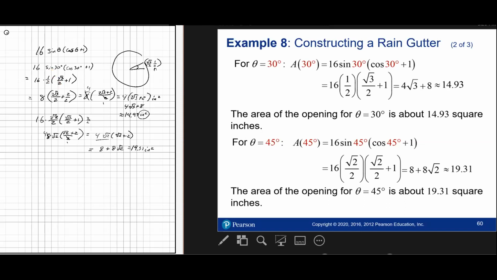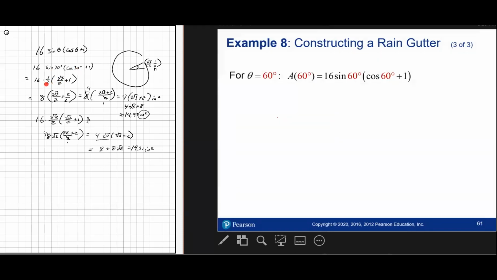And instead of using square root of 3 over 2 for cosine of 60, it's going to be 1/2. So it's going to look very similar to this, but these two numbers are going to be reversed. Okay. And so we get something different.